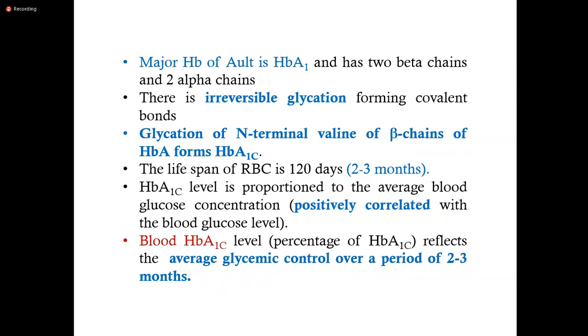When one parameter drops, the other parameter also drops. Here, there is positive correlation between blood glucose concentration and the HbA1c. And HbA1c percentage is proportionate to the average blood glucose concentration over these 2 to 3 months. Right?